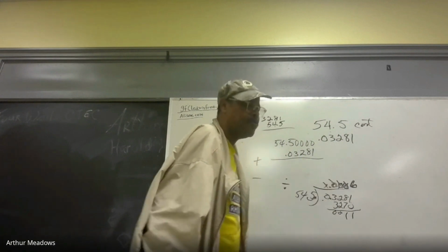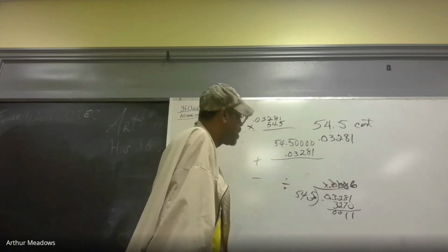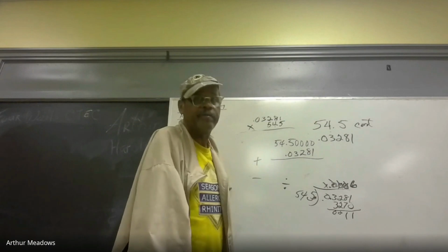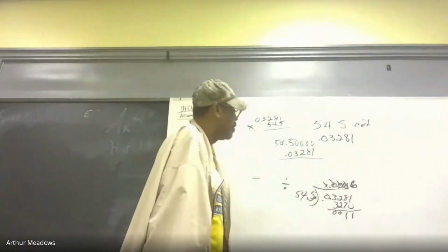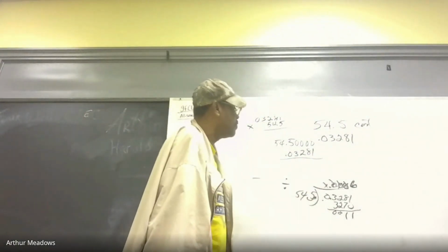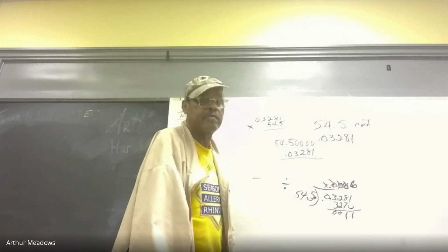That's the best you're gonna come up with right there. And don't tell me that you can't do it because we just did it. That's the answer right there: 0.0006.